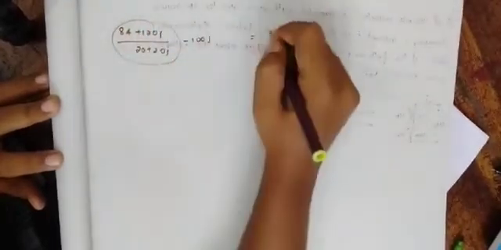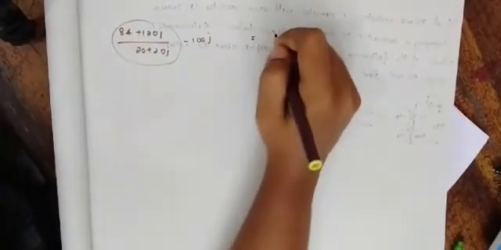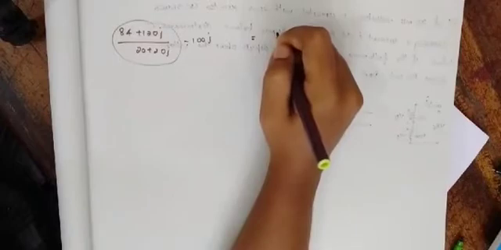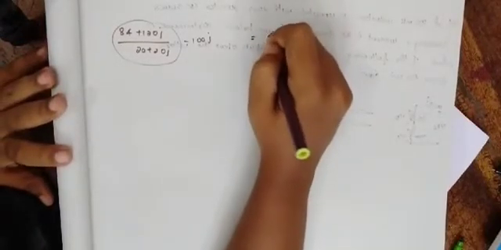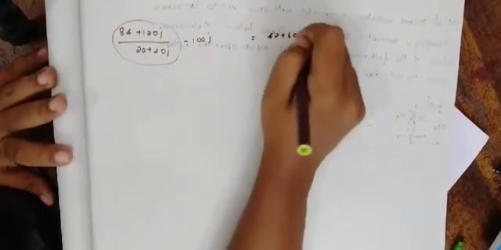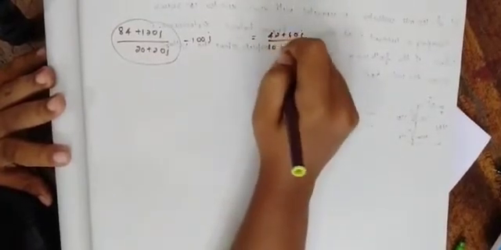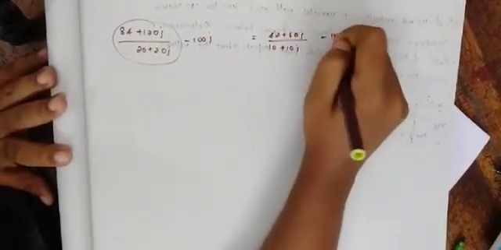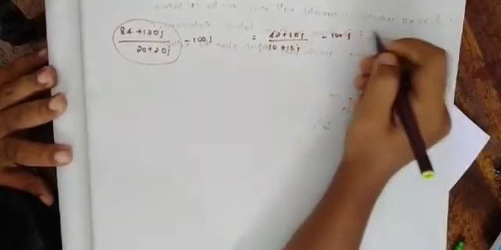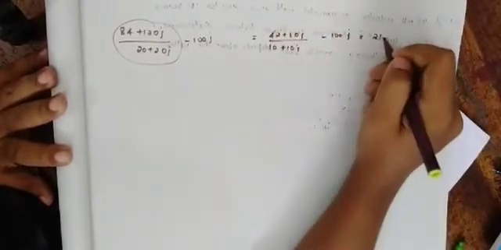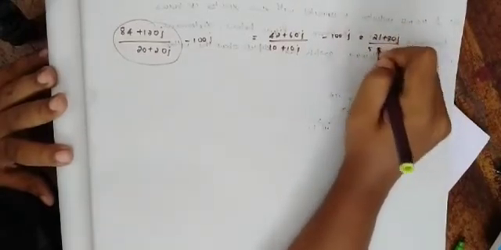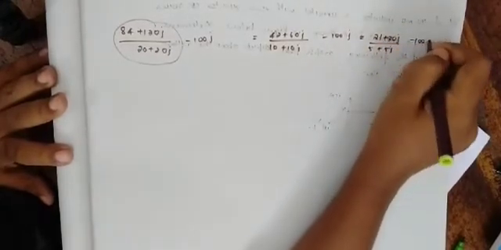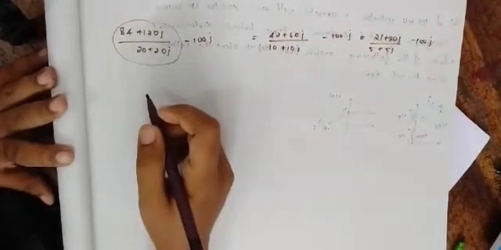So I'm going to simplify this using table of 2. We'll get 42 plus 60j divided by 10 plus 10j minus 100j. Again, I'll simplify it. We'll get 21 plus 30j divided by 5 plus 5j minus 100j. And now I'll take the LCM, okay?